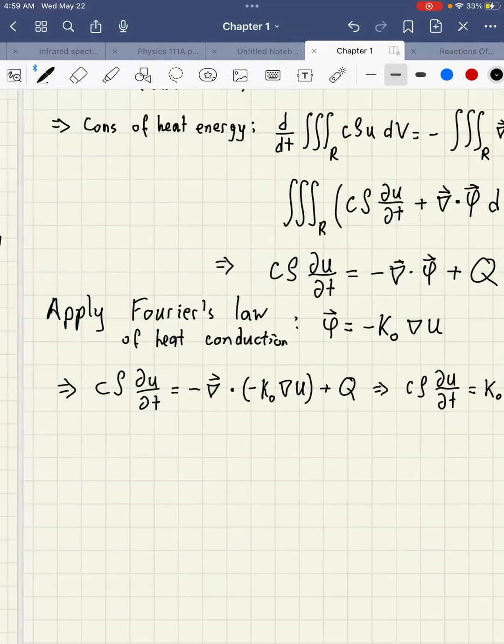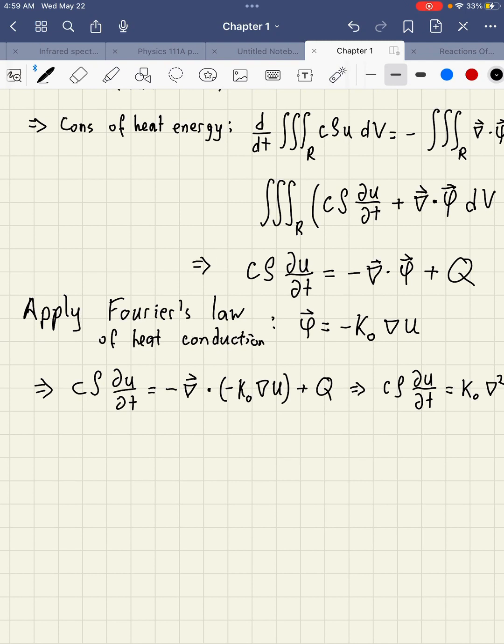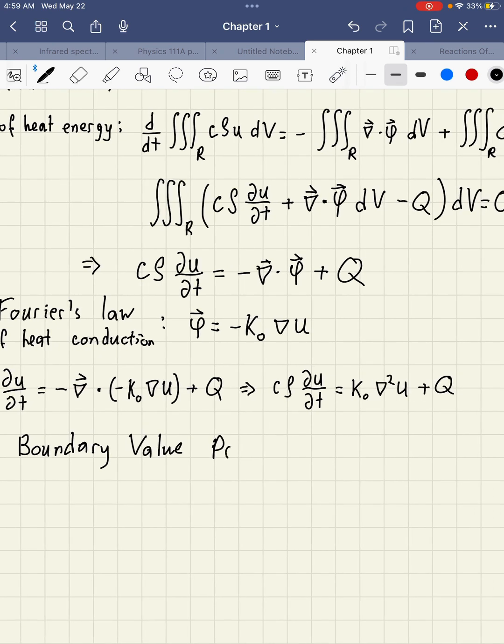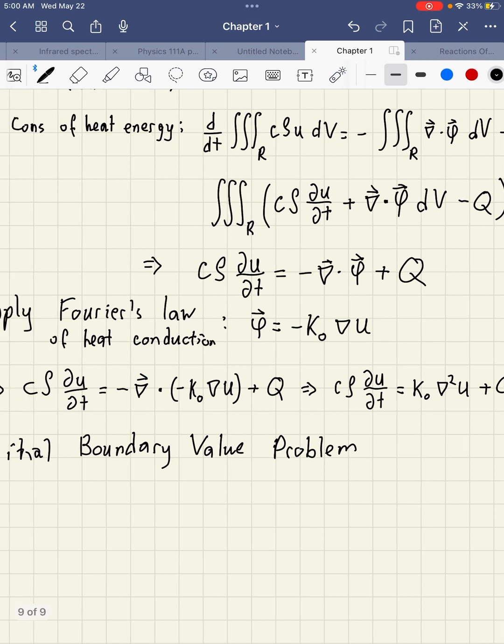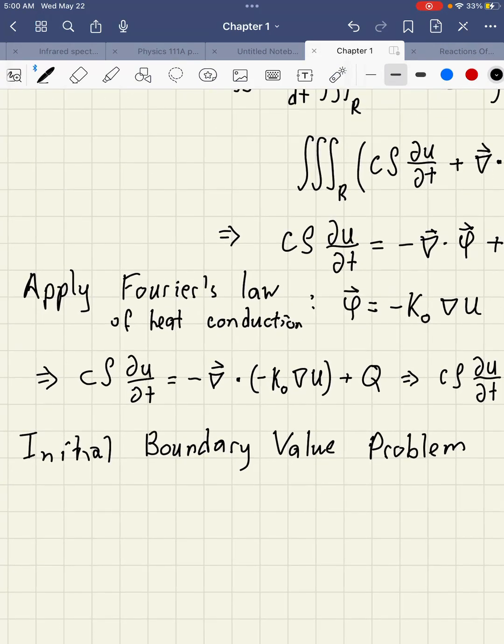So now let's again talk about the boundary conditions. So I will talk about the initial boundary value problem. So let's say our initial condition. Now my initial condition will look like u(x, y, z) at t equal to 0, which I can define as a function f of x, y, and z.